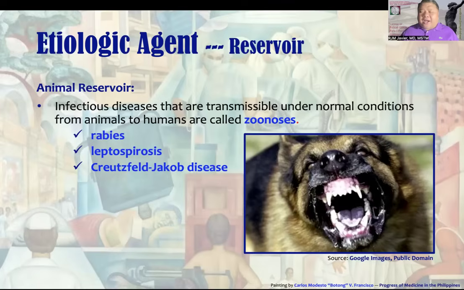Your kuru is a human type of spongiform encephalopathy that causes CNS or central nervous system manifestations because of cannibalism in a tribe in Papua New Guinea. That is your kuru. It's very similar to your Creutzfeldt-Jakob disease, one of your prion-related spongiform encephalopathies. Creutzfeldt-Jakob disease is often associated as the mad cow disease.